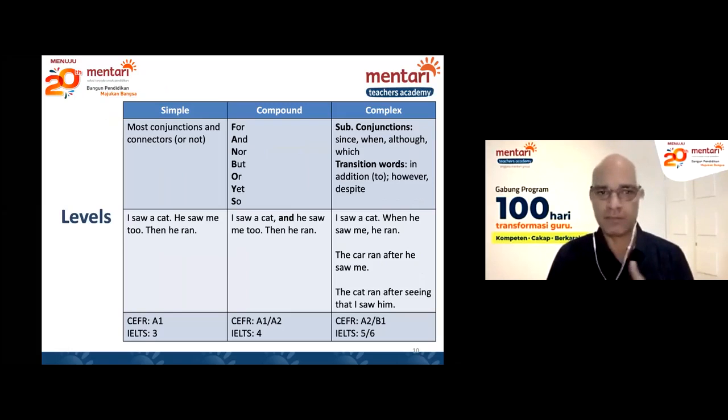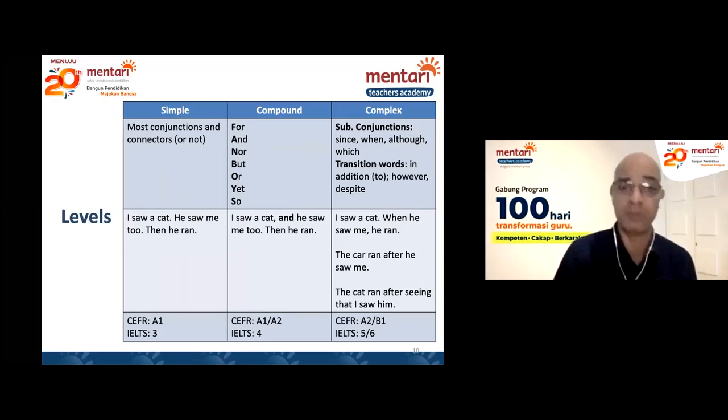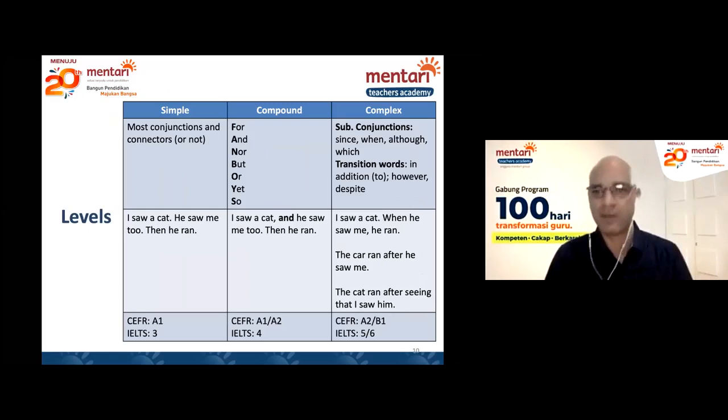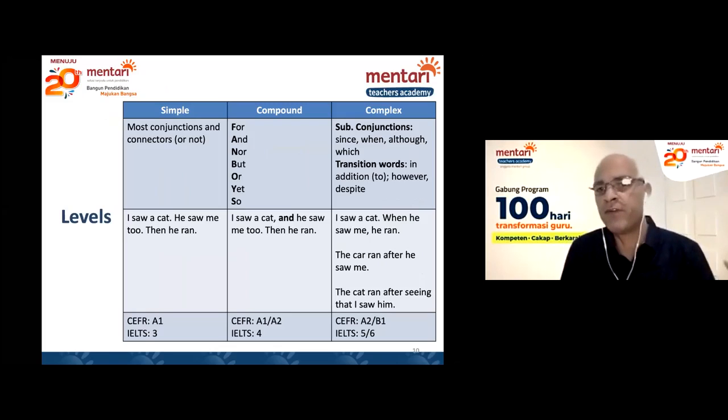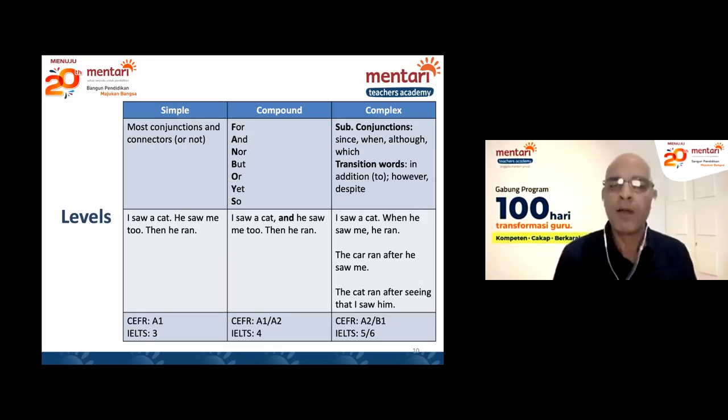Because there are 3 levels of writing. You can have simple sentences, compound sentences, and complex sentences. Why is it important to know that? Because good writers will use a mix of these, right? And there are some discussions about whether there are always a few more complex sentences, or compound and simple, but that really depends on the genre. It really, really depends.